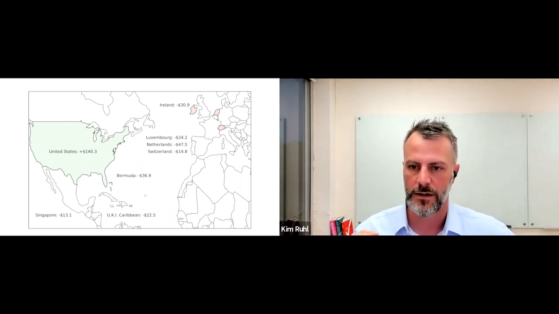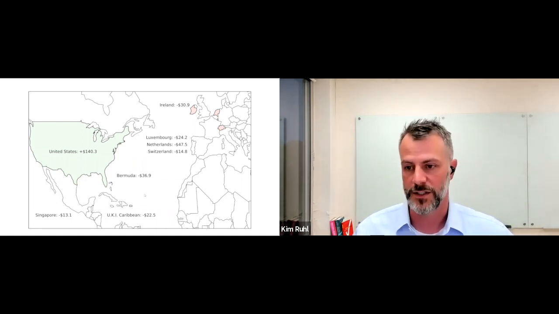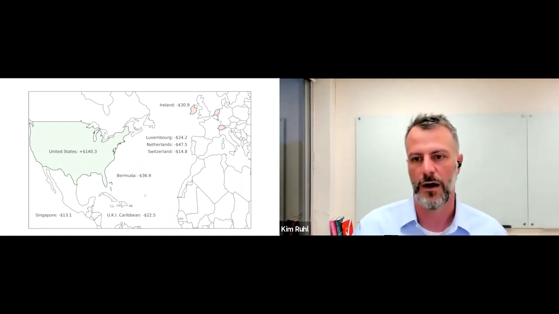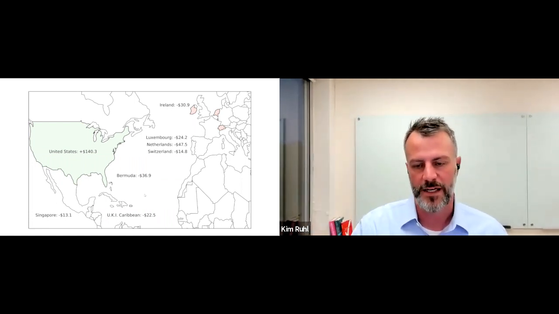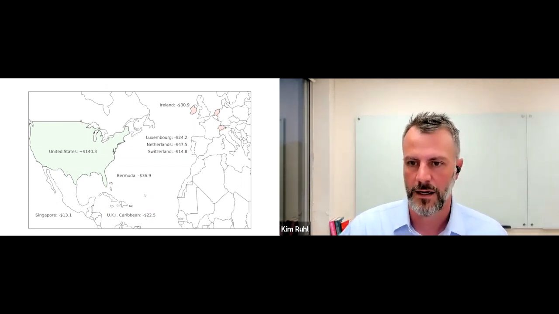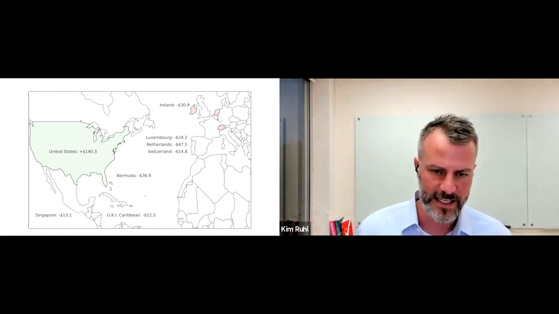We never used a tax rate to try to determine the extent of profit shifting. This is all done from first order conditions of a firm's optimization problem. So the fact that the biggest countries we find as profit shifters turn out to be the ones largely thought of as tax havens seems to lend some credibility to what we're doing.